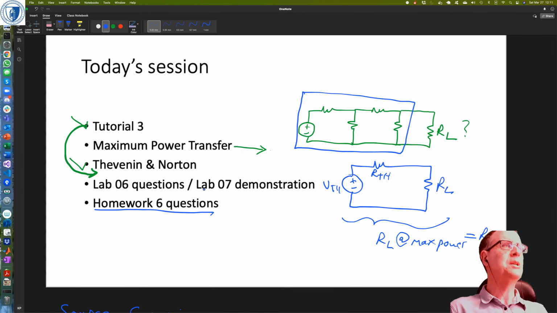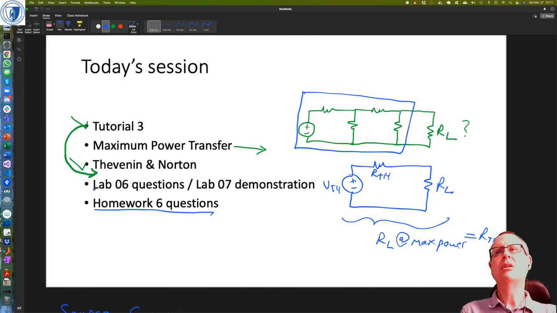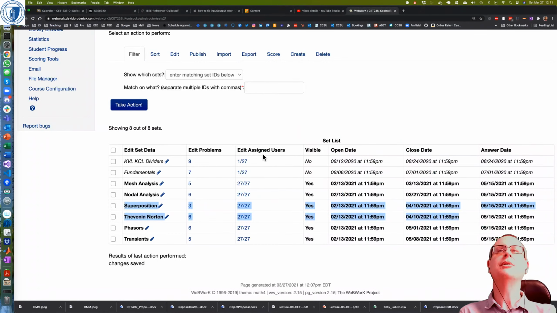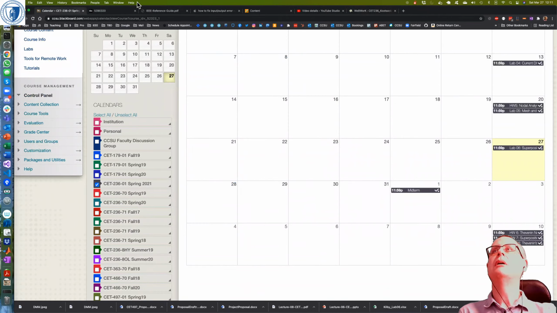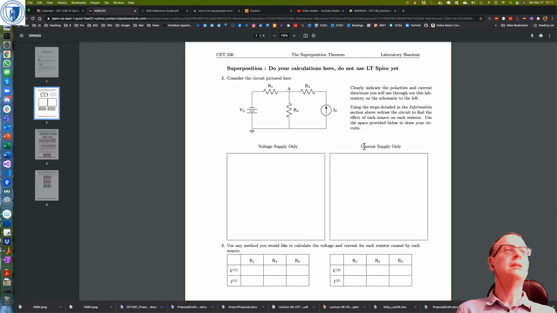I had a brief run through homework 6. Did anybody have any lab 6 questions specifically? That's where I was going next, wasn't it? Okay, so the aim of this is to see how superposition works, and it gets a little squirrely.